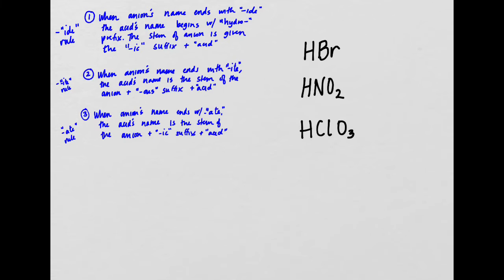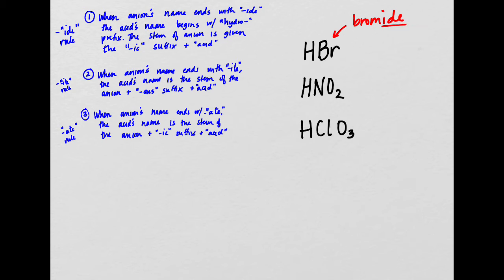Here we have 3 different compounds, and they are all acids because they all have hydrogen ions balancing out the negative charge of an anion. For all of these rules, we have to look at the ending of the anion name. Our first one here is Br minus, which is bromide.